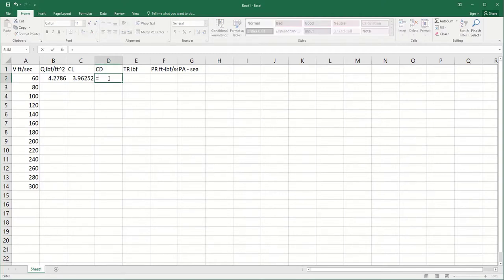So CD0 is 0.25, and add on to that CL squared that we calculated, divided by pi times, and then E was 0.8. The aspect ratio was 7.37. So again, that's just the formula that we had on the board.